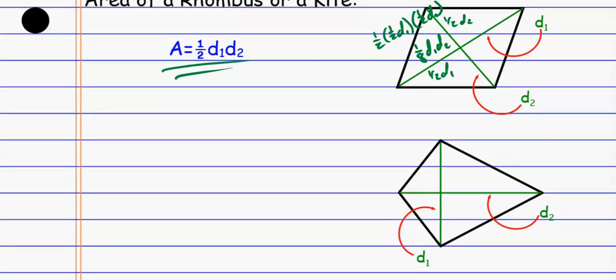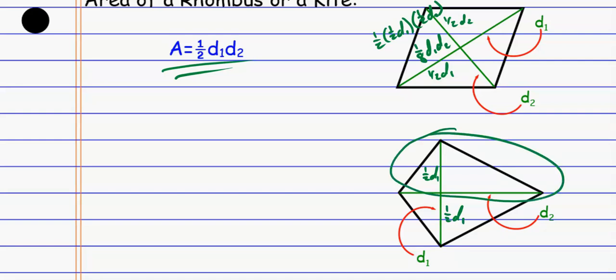Down here looking at the kite, it's the same kind of thing. It's derived from the same place, except this time we don't have 4 congruent triangles. We actually have to look at the, like this is the only one that gets split evenly. So this is half of diagonal 1, and down here this is also half of diagonal 1. So we kind of look at these triangles as a whole.